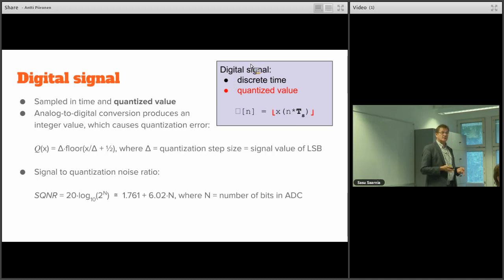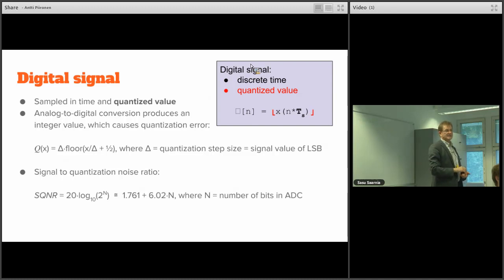Anyways, the analog to digital conversion always produces an integer value. And then there's that quantization error. The true value, the sampled signal, is compared to the closest or floored signal level of the A to D conversion. Then there's a couple of things like the quantization error, which is actually the signal value of the least significant bit.